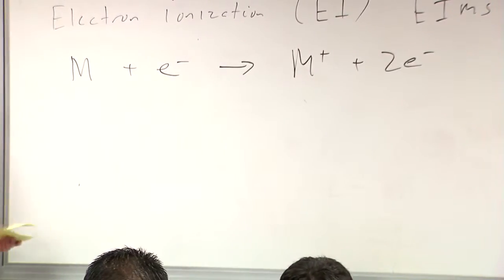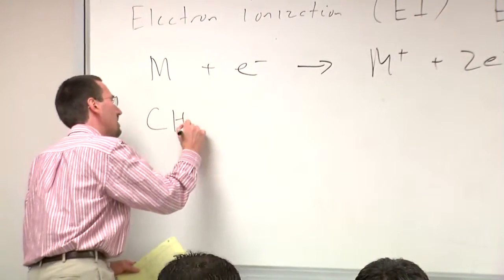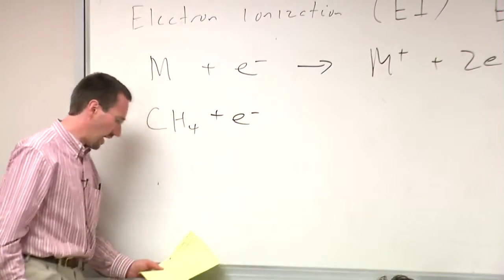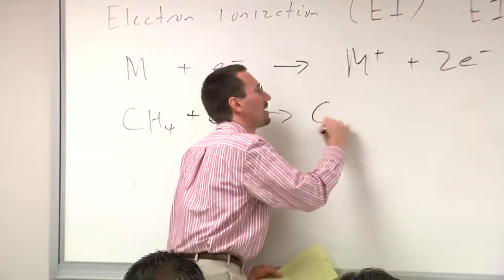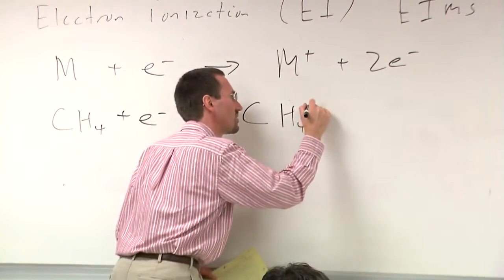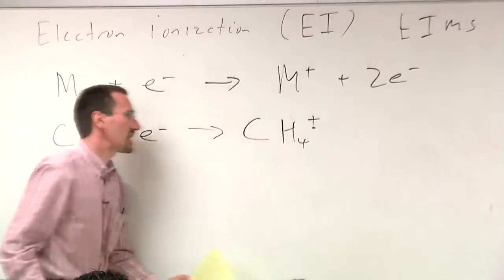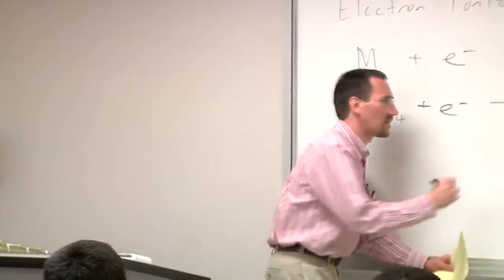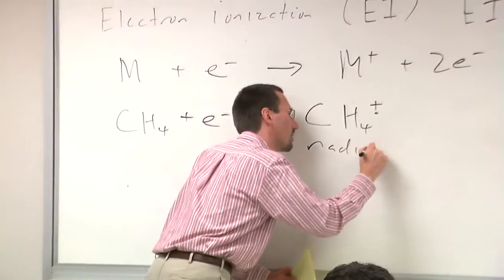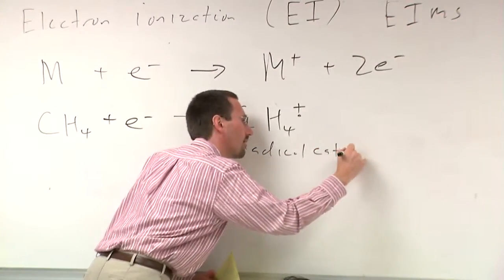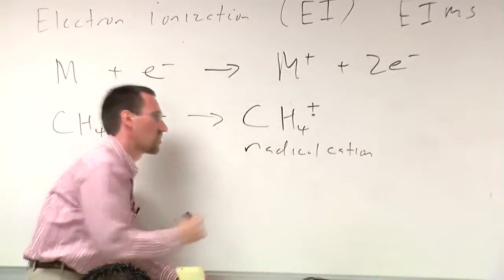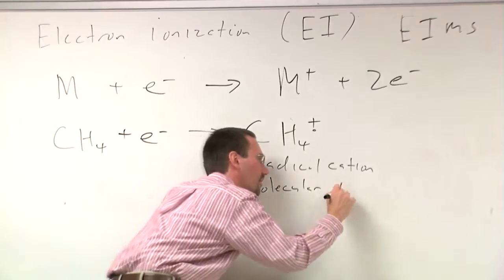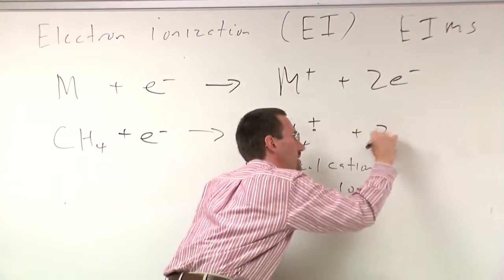So for example, if you take methane, CH4, and you hit it with an electron, you get CH4 plus. You've taken an electron out of it, so you're getting a radical cation, what mass spectrometrists call a molecular ion, and your two electrons.